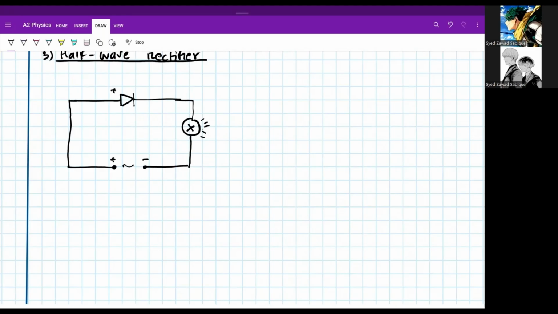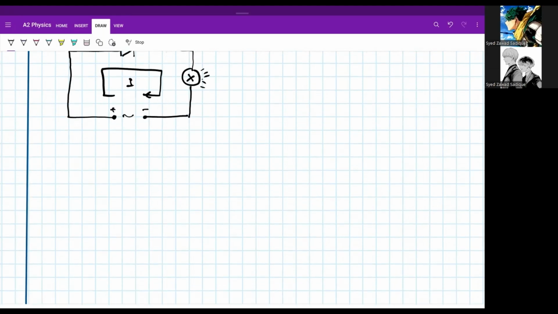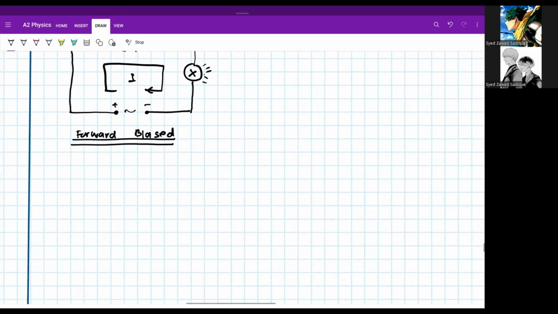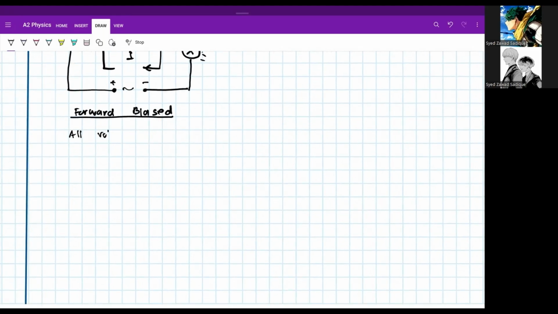This is positive, this is negative. And this is your forward bias, letting the current flow. Now, in the forward bias, all voltage is on the lamp, no voltage on the diode.